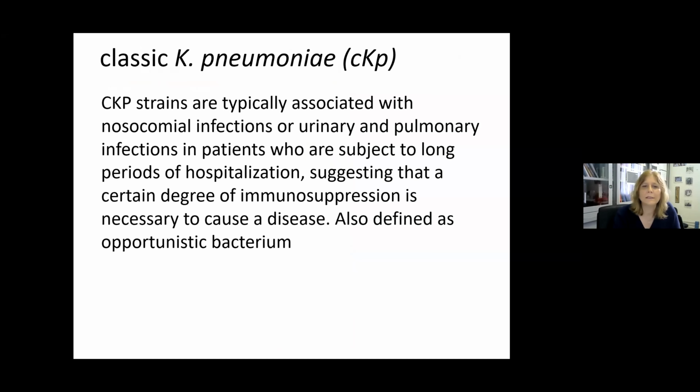But with continuing hospitalization, and when patients are really sick and with some immunosuppression, these strains can cause serious infections, mostly urinary and pulmonary infection, but very often also sepsis. This kind of Klebsiella is defined as opportunistic because it is not a frank pathogen, but can cause serious disease to fragile patients with other disabilities.